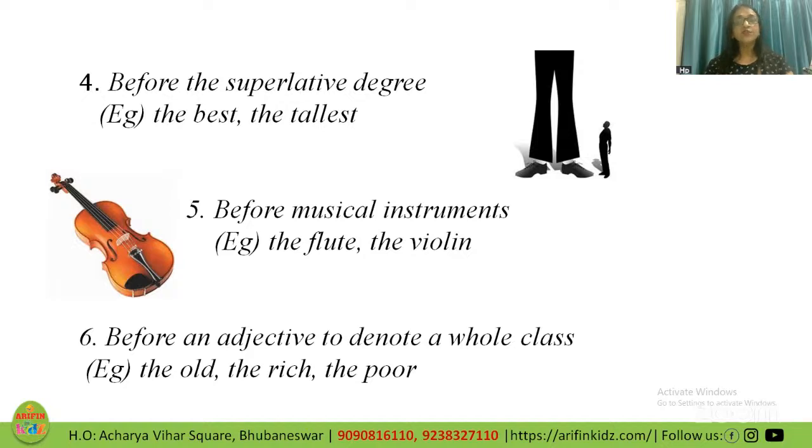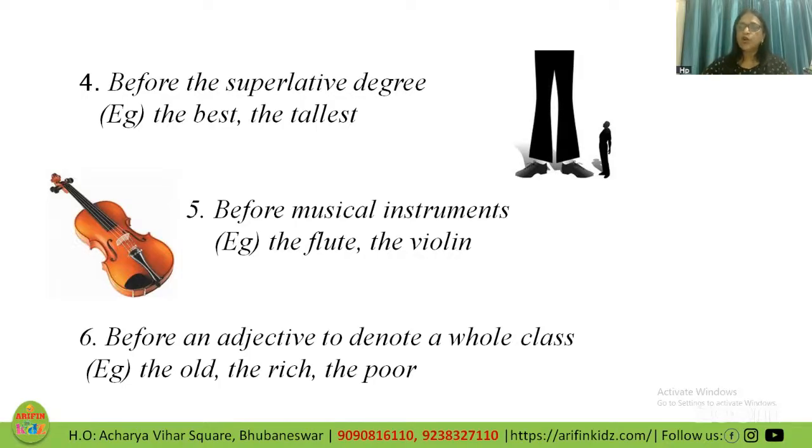Now, first sentence, Rohan is a tall boy. Second one, we are comparing the height of Rohan and Ashok, so I can say Ashok is taller than Rohan. Then I can say Sahil is the tallest boy in the class. Comparing Rohan, Ashok, and Sahil, Sahil is the tallest. Tall is the positive word, taller is the comparative, and tallest is the superlative.